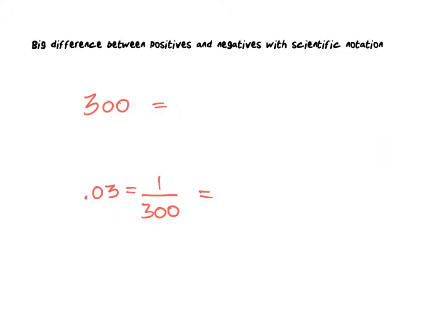Okay, so I just want to make a distinction between how you do this in a positive way and a negative way. For a number like 300, you're going to do 3.0 times 10, and you go 1, 2, so 10 squared. Here, this is going to be 3.0 times 10, and go back here, 1, 2, to the -2.